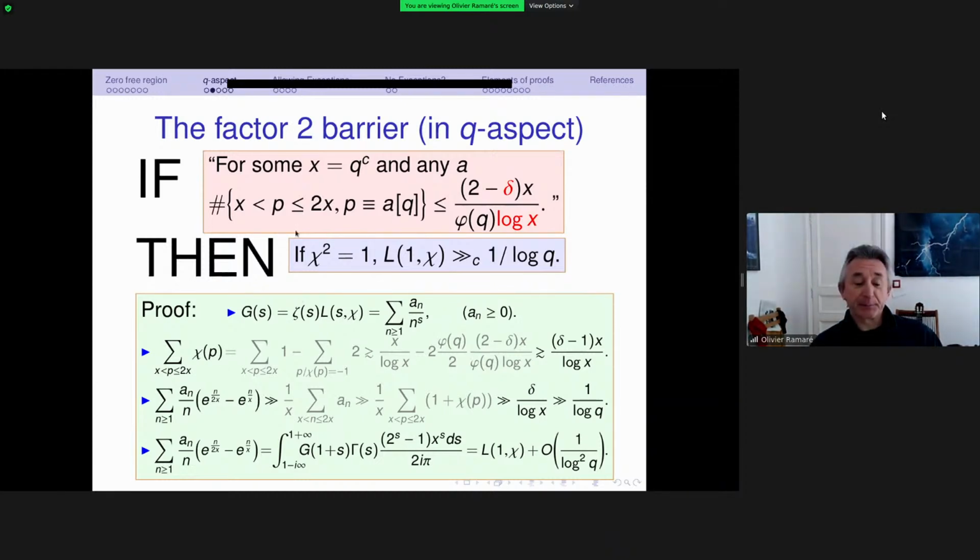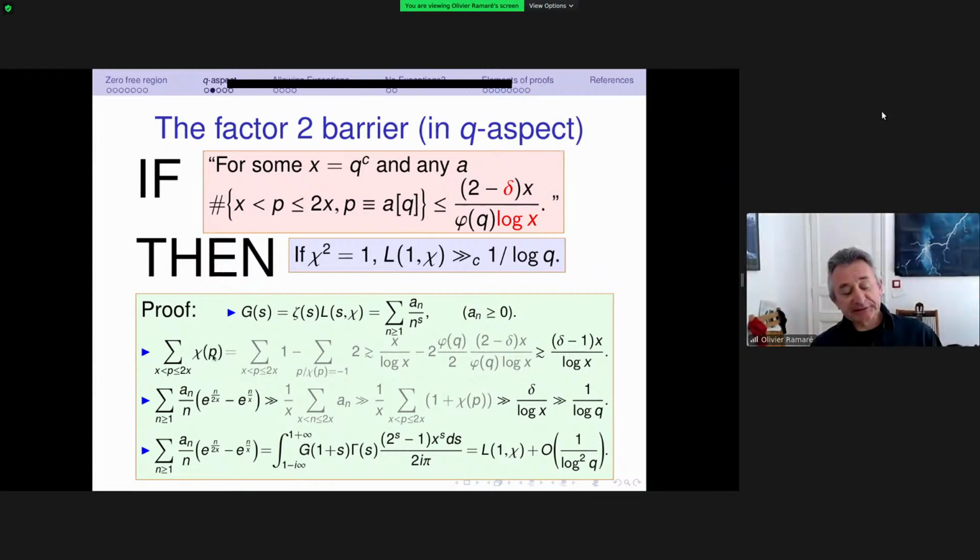So if we use our hypothesis and we look at the sum of chi of p for p between x and 2x, well, chi of p is either 1 or minus 1. Let me forget about the primes that divide q.